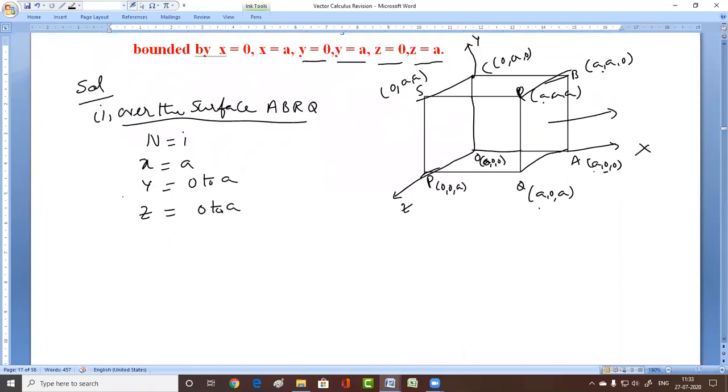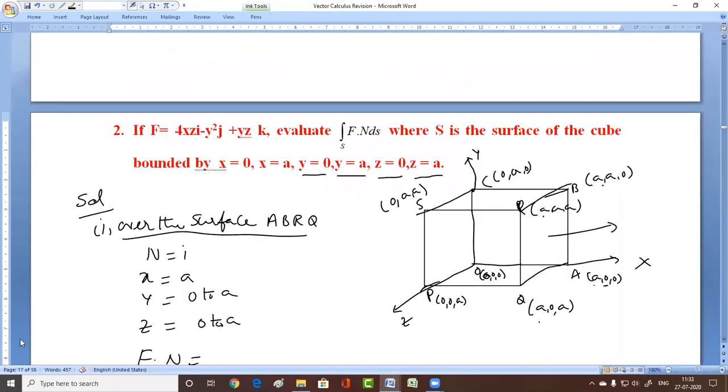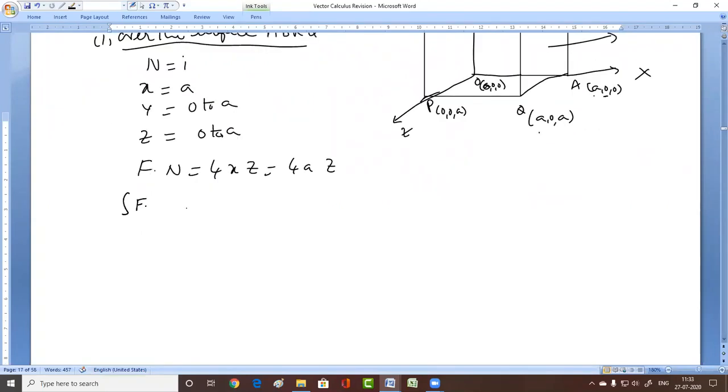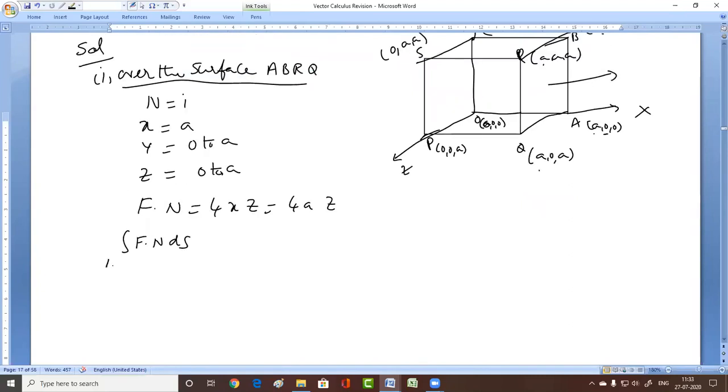Now what is f dot n? F dot n, dot product, here n equals i, so the i coefficient is 4xz. Here x is already known, 4az. Now integral of f dot n dS over ABRQ, double integral of f dot n equals 4az.